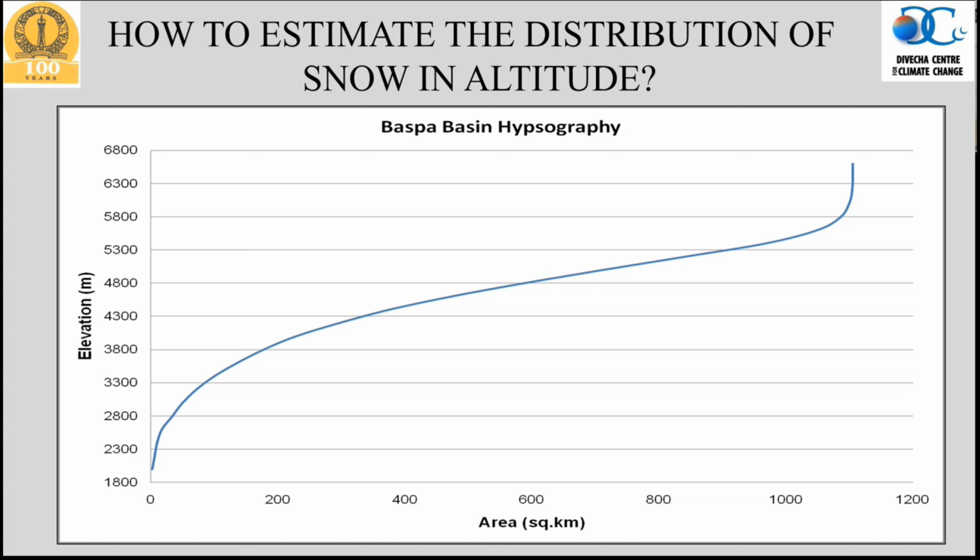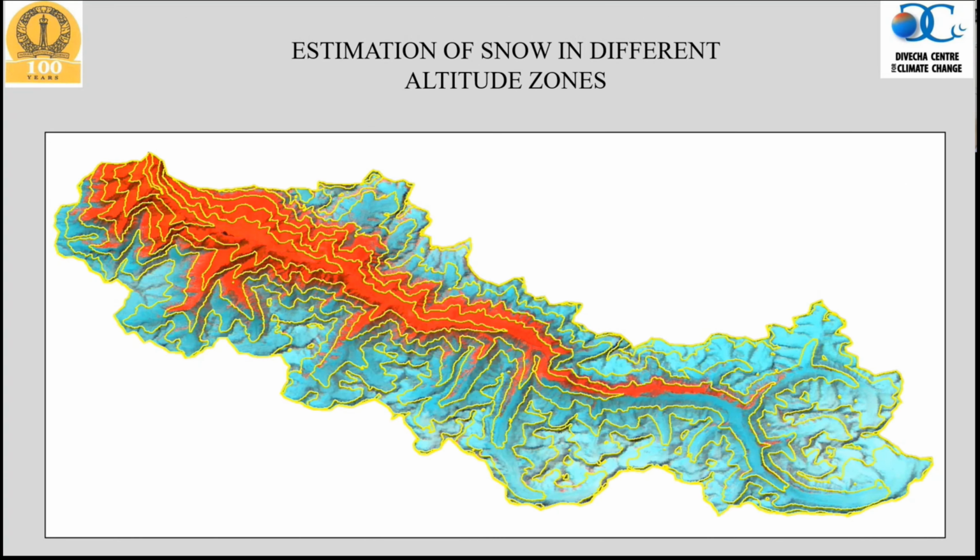So let us look into how to estimate the distribution of snow. You can draw a simple hypsometry. You can use a digital elevation model, plot elevation versus area, and get how much area is in each altitude zone. Then you can use the NDSI algorithm to estimate snow cover for the entire basin, then superimpose your altitude zones on that basin.